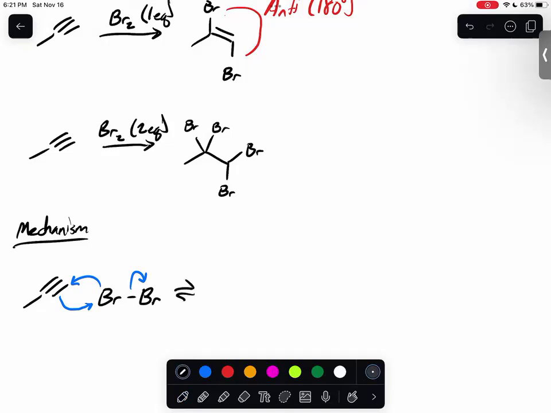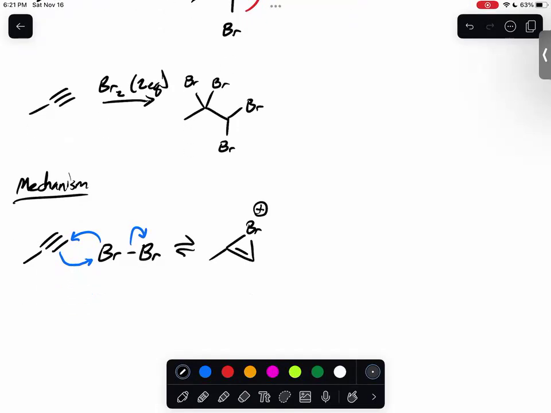Now, at this point in time, we have a very strained complex where we have both the alkene and the three-membered ring in the same structure. But it still reacts the same, right? Because this bromonium ion is essentially the same as an acidic epoxide opening, where our bromide comes around and does a backside attack.